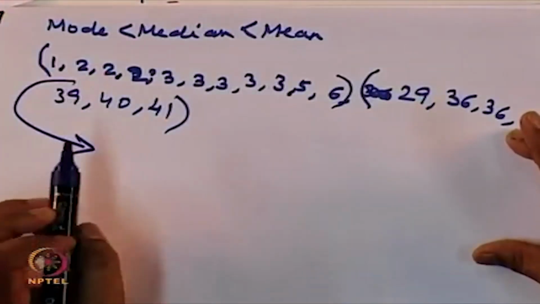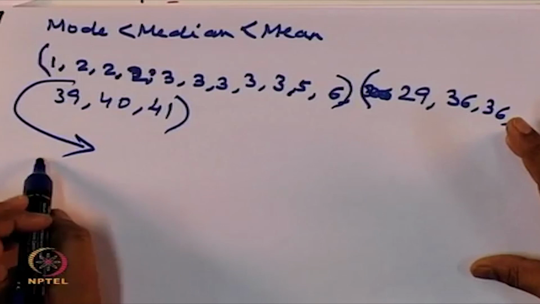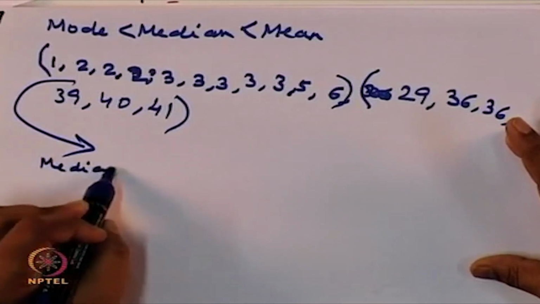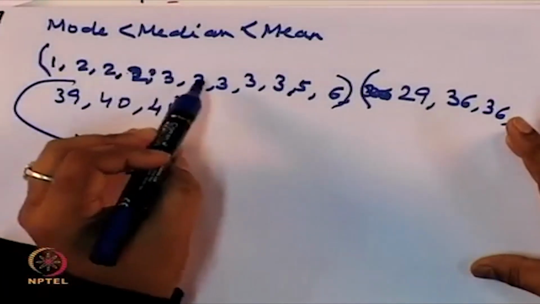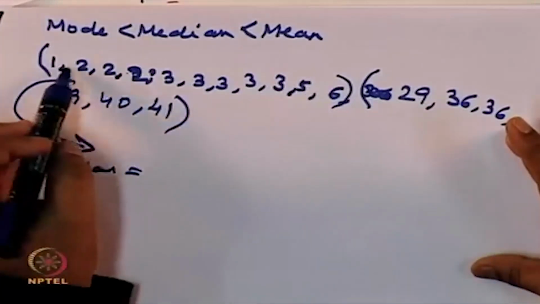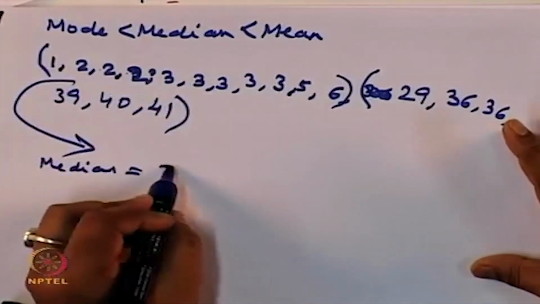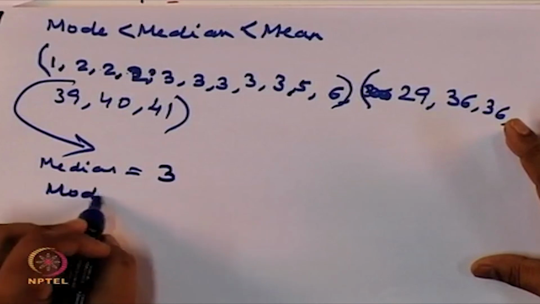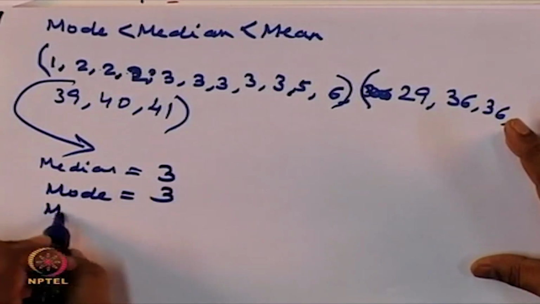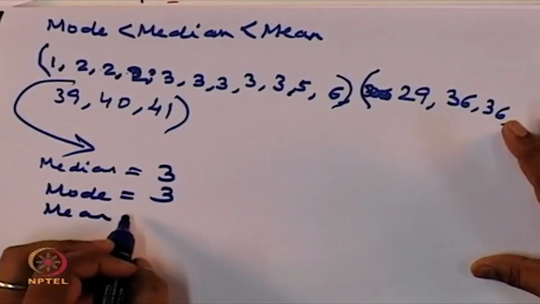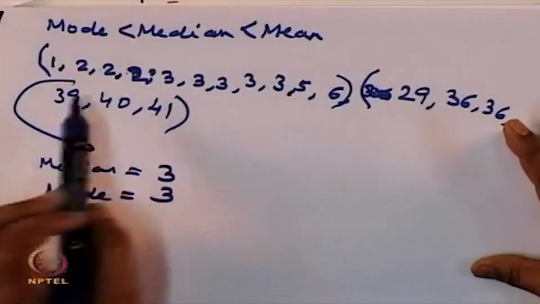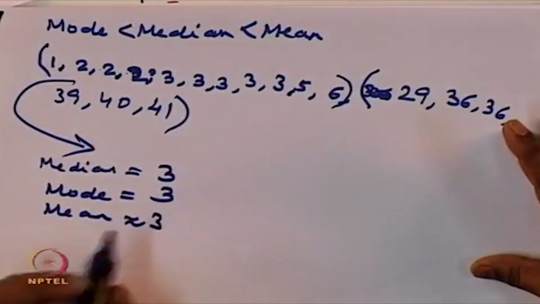In fact, if I were to group them separately, for this group I can work out my median. The median is 3, mode is 3, and mean will be slightly greater than 3, approximately 3 only.